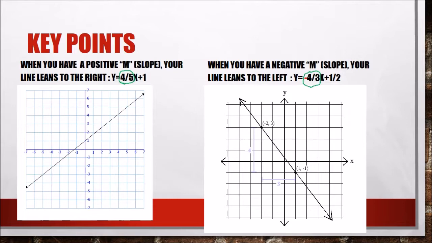However, when you have a negative slope, your line is going to lean to the left. Over on the right here, we have y equals negative 4 over 3x plus 1/2. Since our slope was negative, our line, as a result, is leaning to the left.